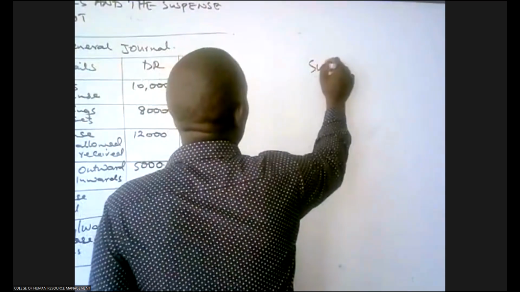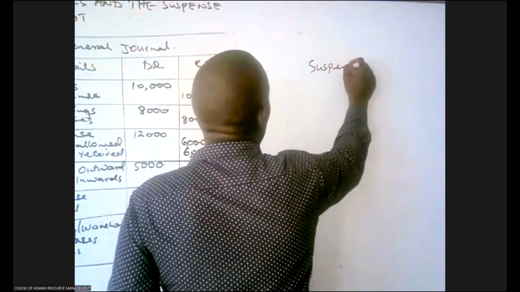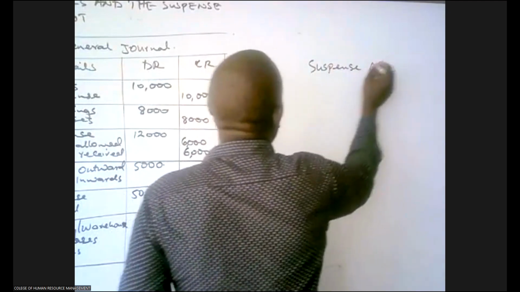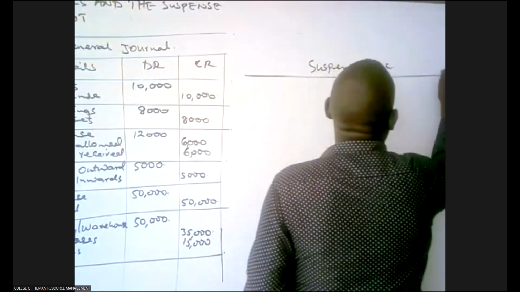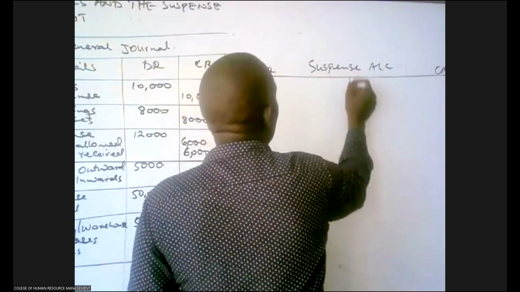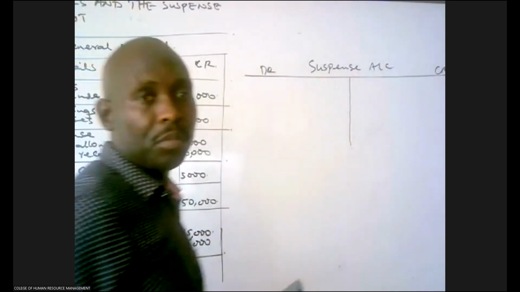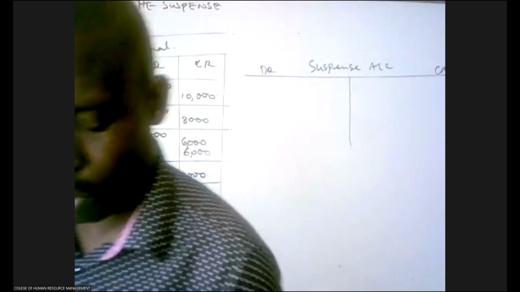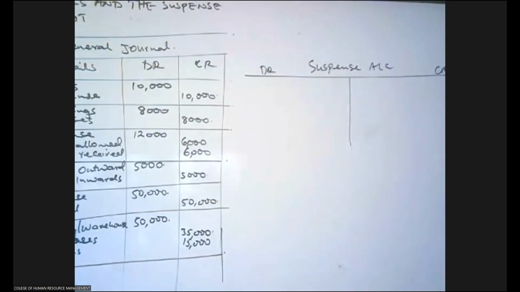How are you supposed to come up with your suspense account? Your suspense account should just be a simple T account.